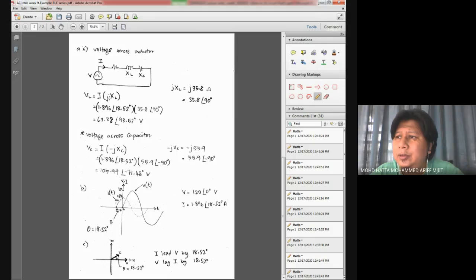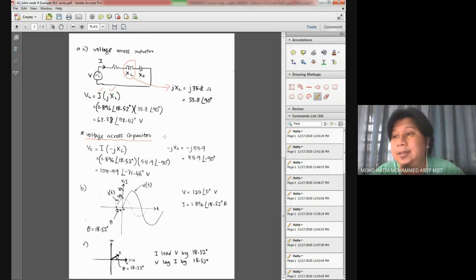Why do we need to include J? Because I here is a vector, which means the impedance should be a vector as well. So since we are focusing on this part, we only use this equation, JXL.